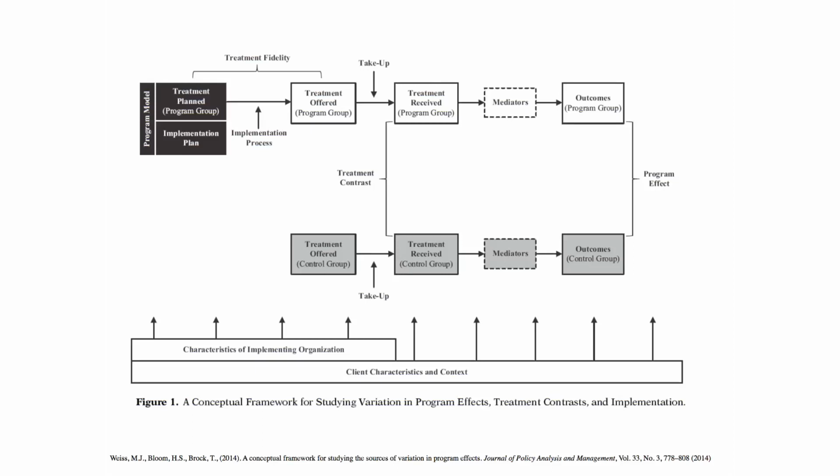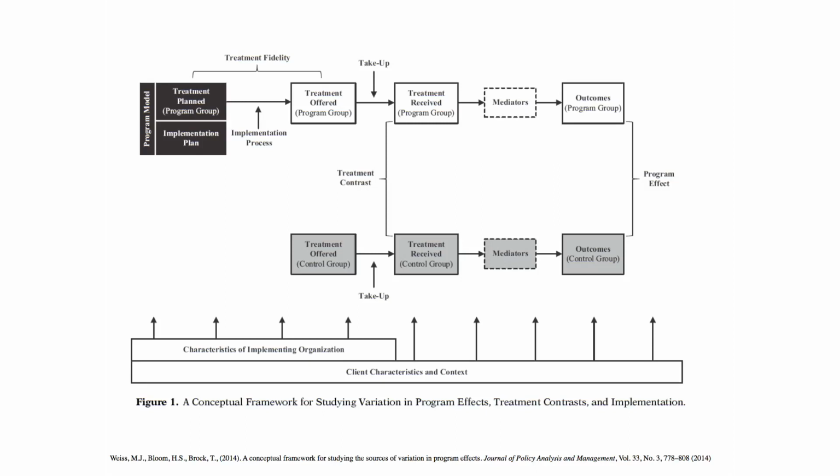Okay, so I have some illustrations that'll walk us through that. That'll be helpful. Earlier, Clive's illustration was from a different report, from an IES report. I think he'll get that citation to you guys. This is the one from the Weiss, Bloom, and Brock paper from 2014. It really does a great job of laying out that we have a treatment group or a program group, and we have a control group.